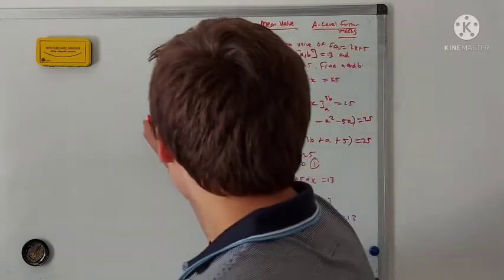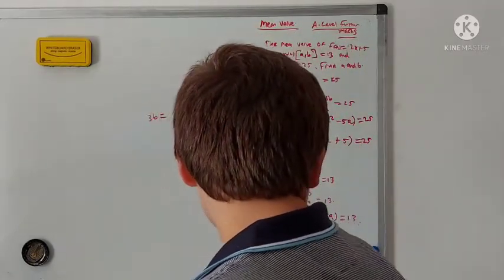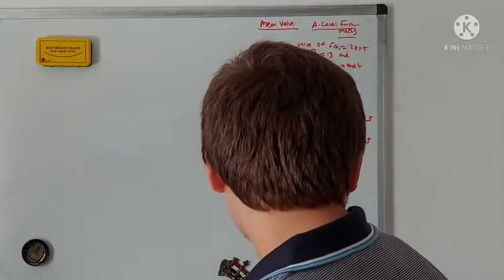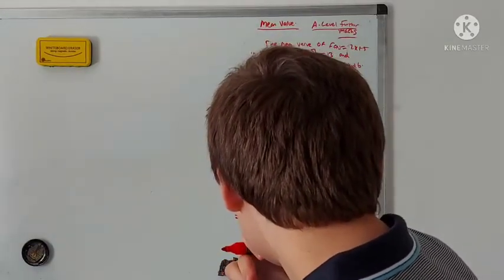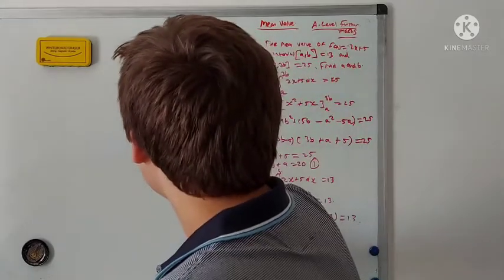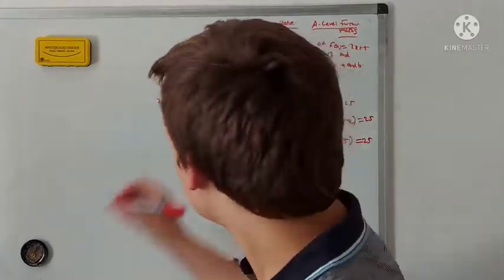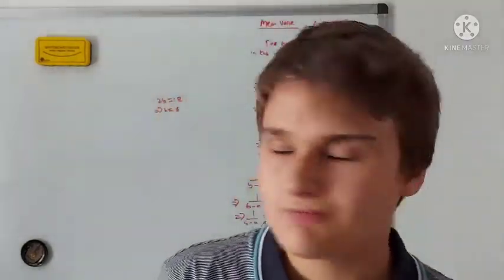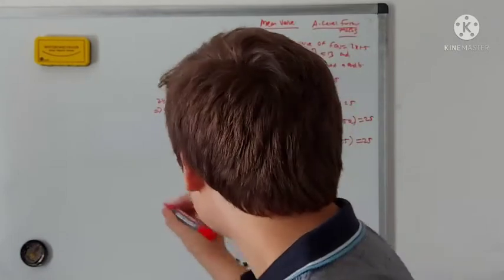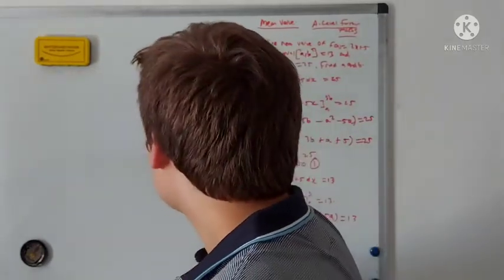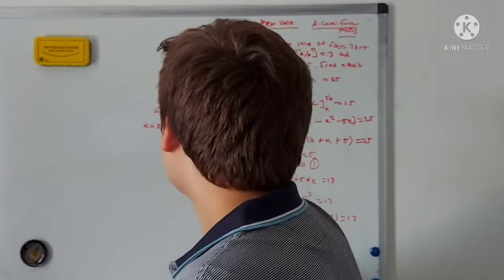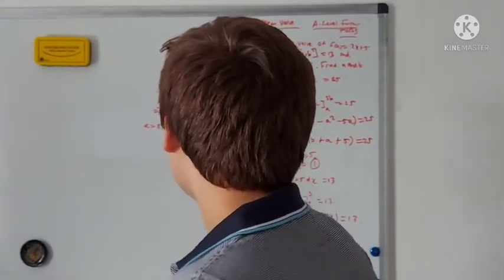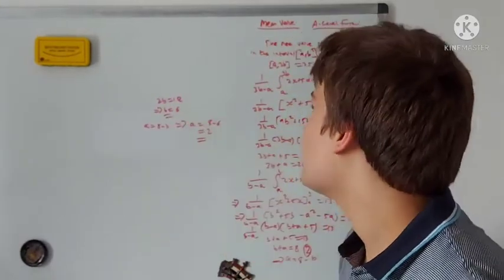So 2b is equal to 12. So b is 6, yeah? Well, if b is 6, a is 8 minus b, which implies that a is 8 minus 6, which is 2. Okay, and those are my 2 values.